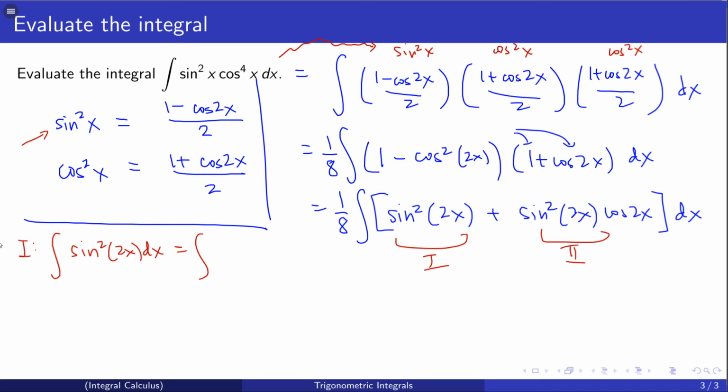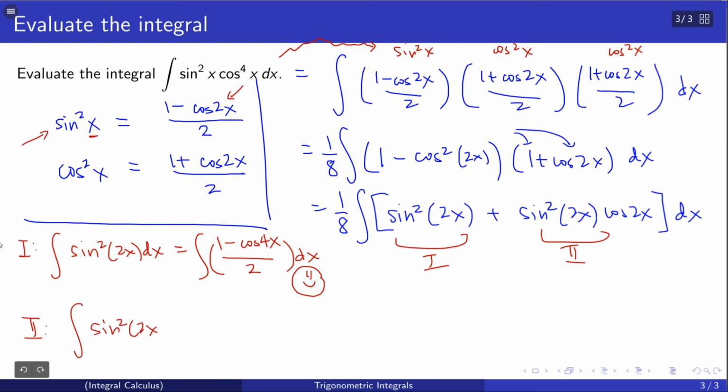Now if it's a 2x inside, on the right side it becomes a 4x. The angle inside the argument doubles every time you use this formula to get rid of a squared term. And this is not hard to evaluate. It's just 1/2 x minus sine 4x over 8. Okay. How about the second integral?